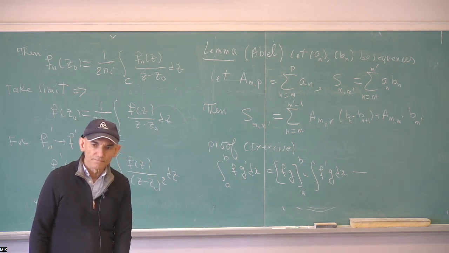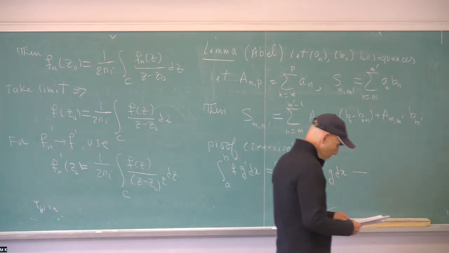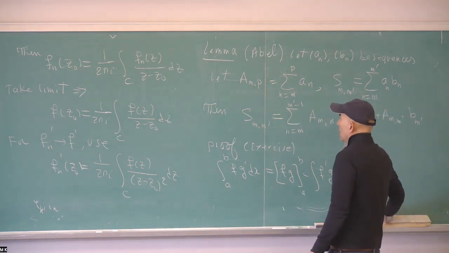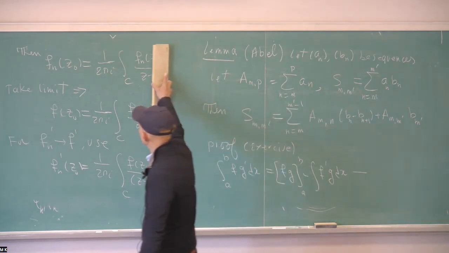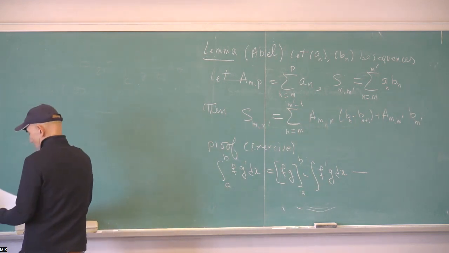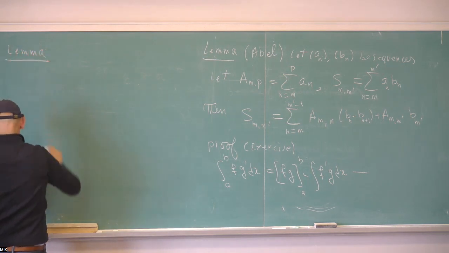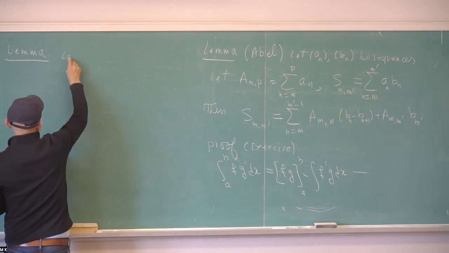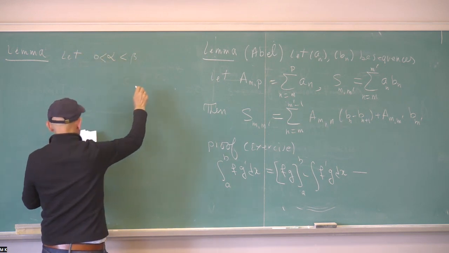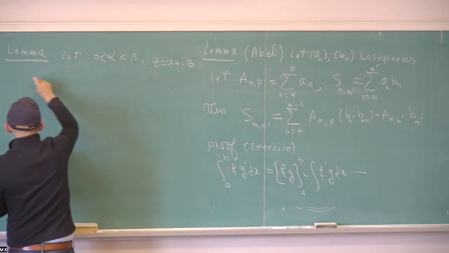Any questions? So we need one more fact from analysis, which is an inequality. As I said, all these things are quite important to prove things. Okay, so there's another lemma. So let alpha be less than beta, bigger than 0, z equal to x plus iy, and x is positive.